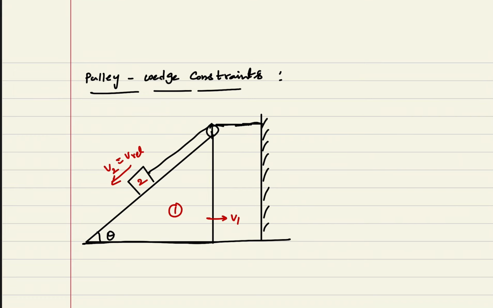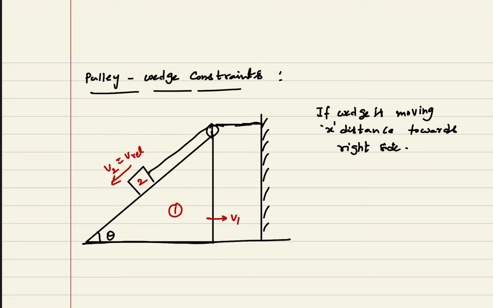Now we can see that if the wedge is moving x distance towards the right side, we can observe that block 2 will go down the plane with the same distance x.